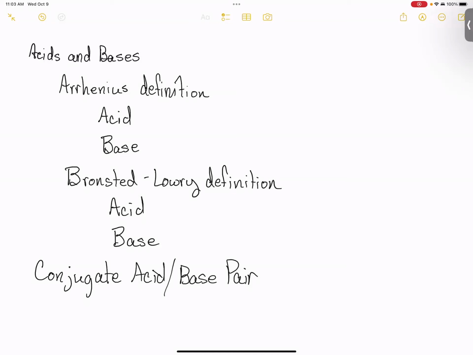The Arrhenius definition of an acid is that it donates a proton. The Arrhenius definition of a base is that it donates a hydroxide group.